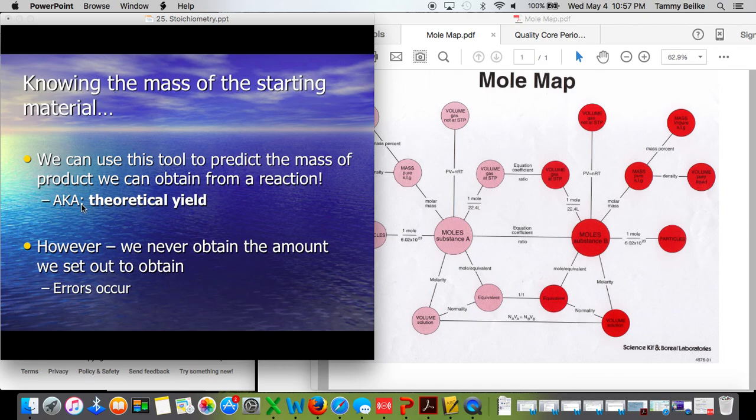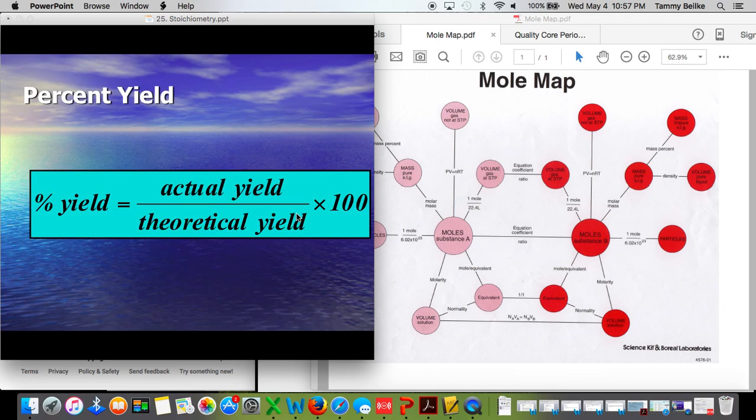Okay? So I want to point this out, that when I calculate the mass of a product using stoichiometry, this is theoretical. On paper calculation, what can I make? Then there's what actually happens. So we have this calculation called percent yield. You've used the calculation in a different scenario when you did the copper loss.